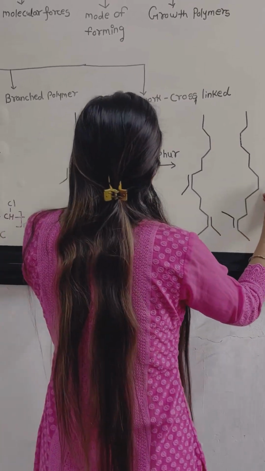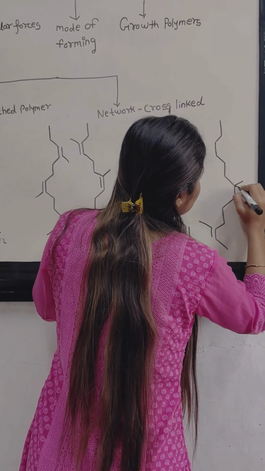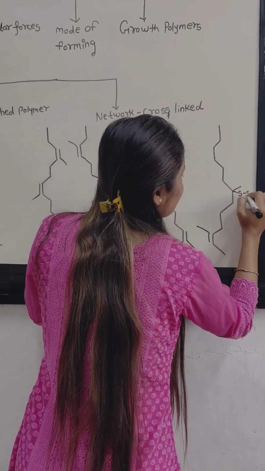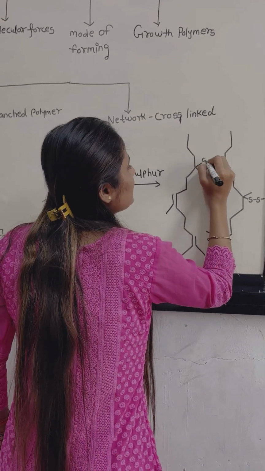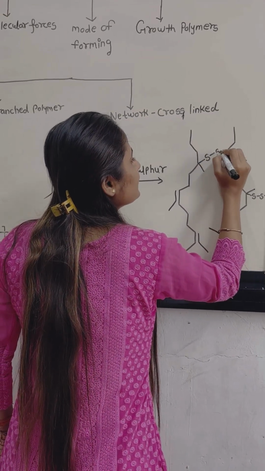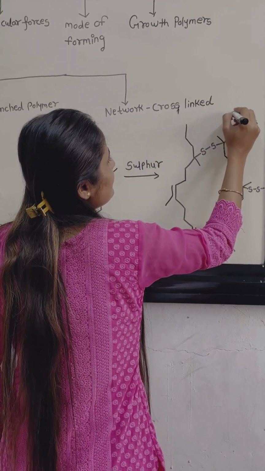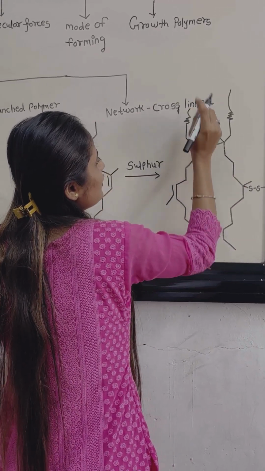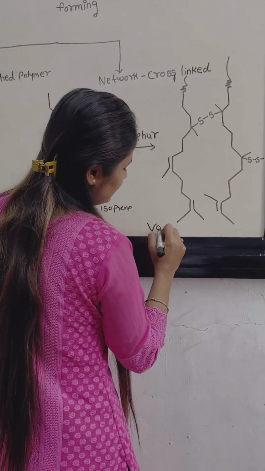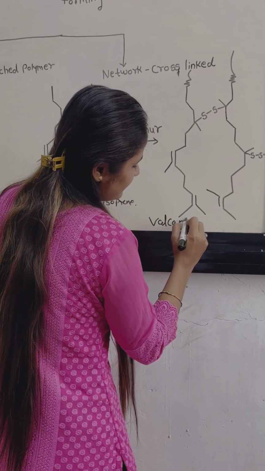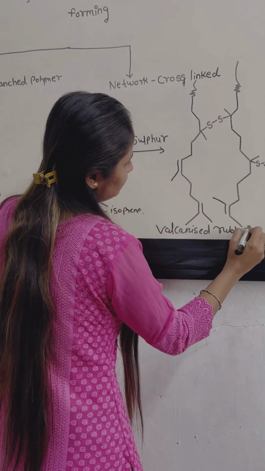And here it forms the disulfide linkage, that is S-S, and here also we form the disulfide link in this upper bond, and here is the continuous structure with another molecule. Okay, so this is the vulcanized rubber.